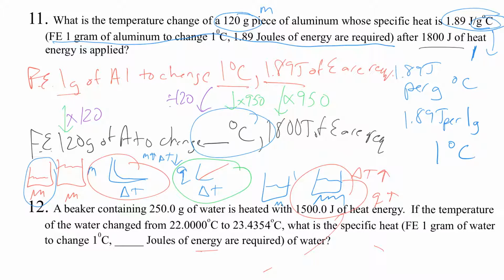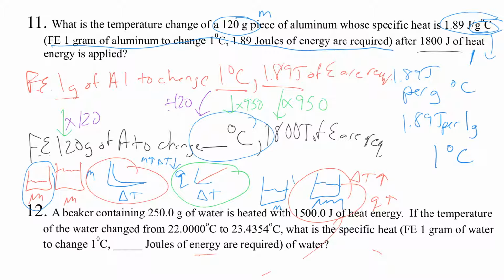And so we've got 950, oops, sorry about that. We've got 950 divided by 120, that's 95 over 12. And that's kind of like 96 over 12, so it's around 8. It's a little bit less than 8 degree temperature change.